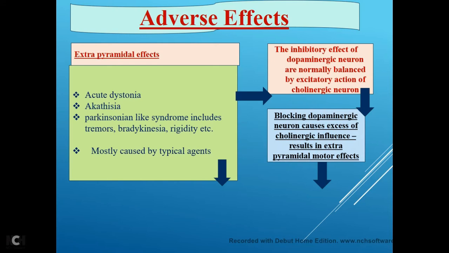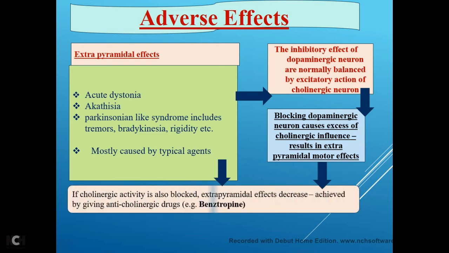Blocking of dopaminergic neurons causes an excess of cholinergic influence, resulting in extrapyramidal motor effects. If cholinergic activity is also blocked, the extrapyramidal effect decreases. This is achieved by giving an anticholinergic drug like benztropine.